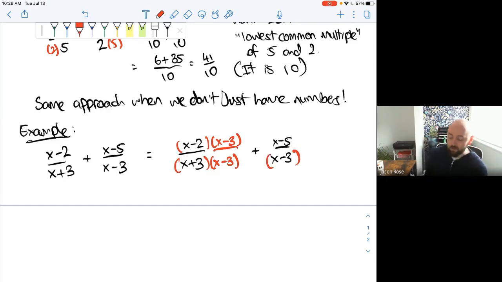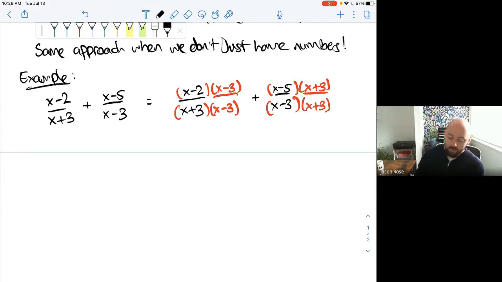Okay, the other term over here, the second term, already has the x minus 3, but it's missing the x plus 3. So that's what I have to multiply over here. Now, if I multiply on the bottom by x plus 3, I also have to multiply on the top by x plus 3. Okay?